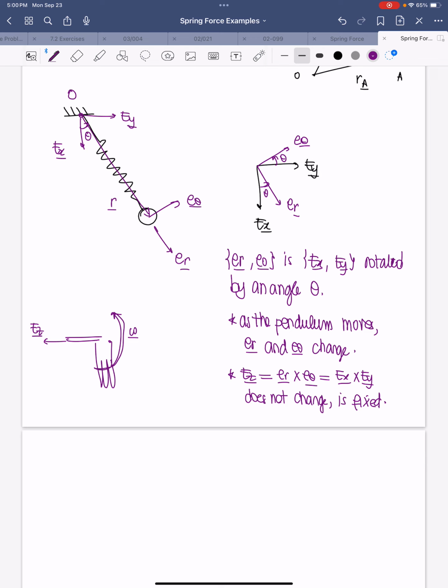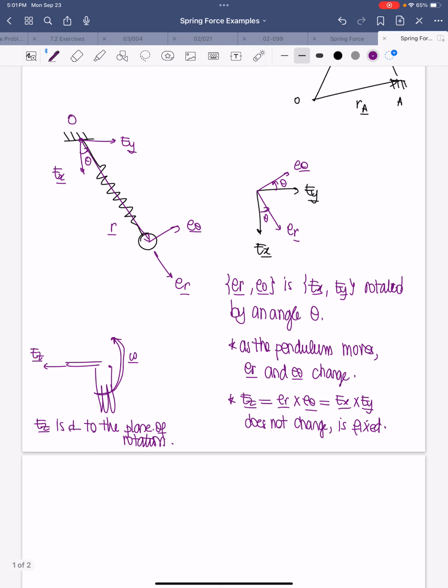It's always the case, and I'll do some examples in another video, that in the cylindrical coordinate system, E_r and E_theta rotate in the E_x, E_y plane, and E_z is perpendicular to the plane of rotation. Okay, this was a small tangent.